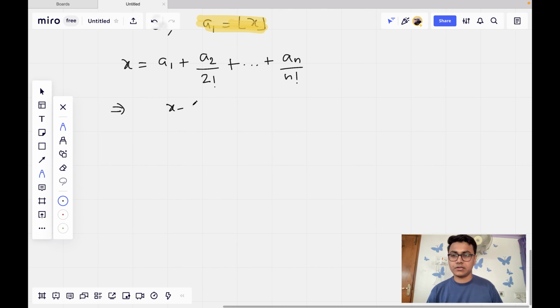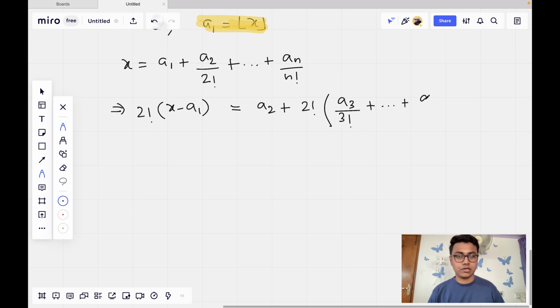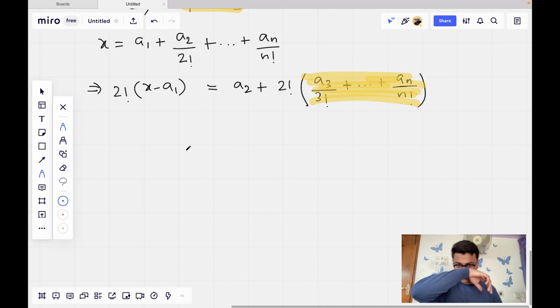Rearranging this a little bit gives us x minus a1 times 2 factorial. This is equal to a2 plus 2 factorial times a3 by 3 factorial all the way till an by n factorial. Again, as you have already guessed, we are going to look at this summation. The process is going to be the same as in the previous step, and later we will generalize it.